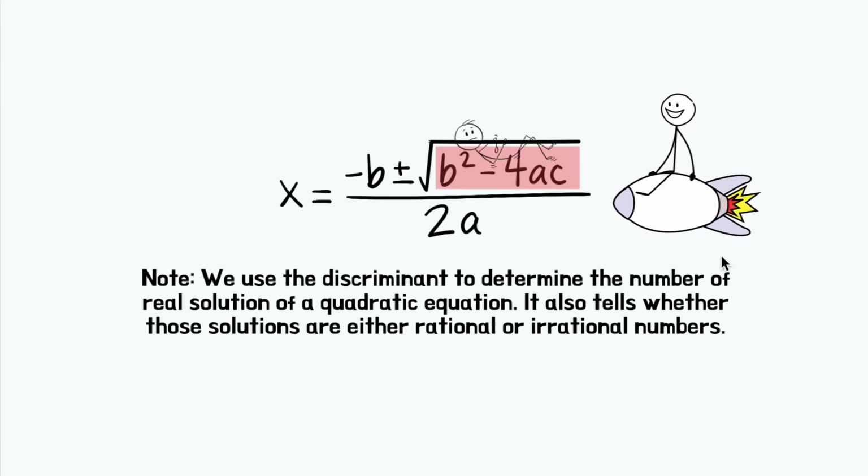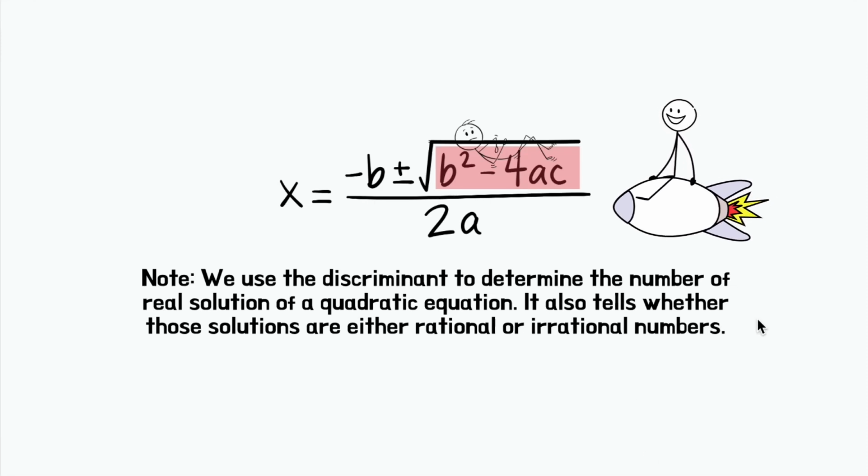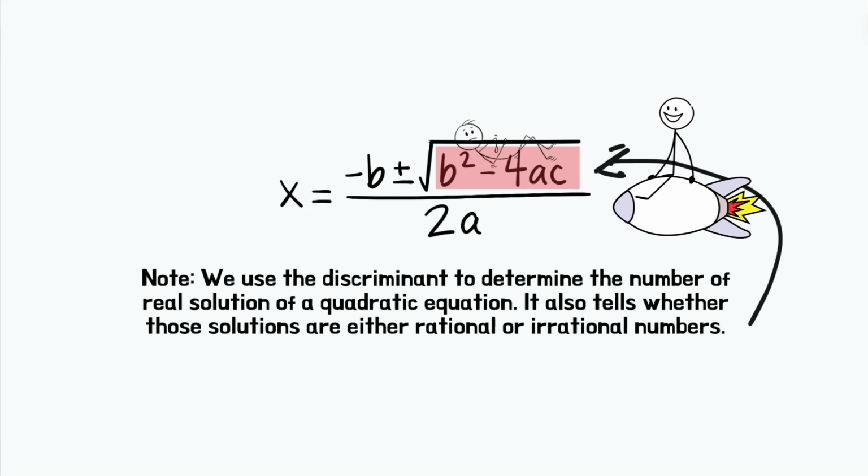So it tells whether those solutions are actually rational or irrational numbers. So ito yung the best way para mahanap natin yun. Anong uri ng roots ba yung meron tayo? At anong method ang gagamitin natin kapag nalaman na natin yung nature ng isang roots.